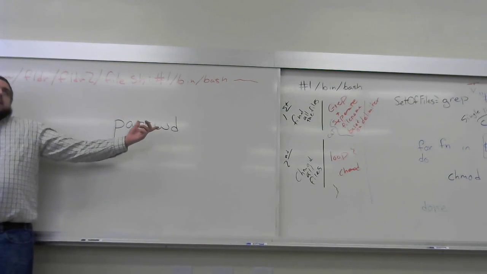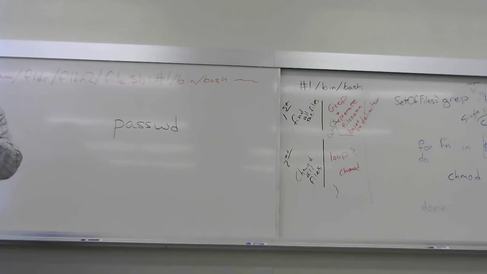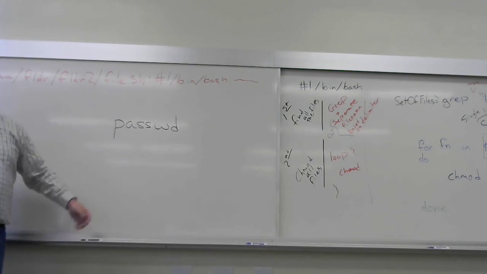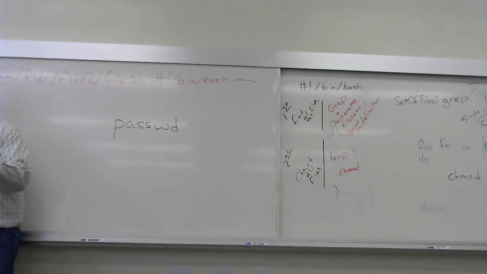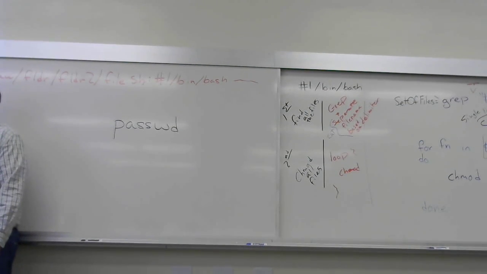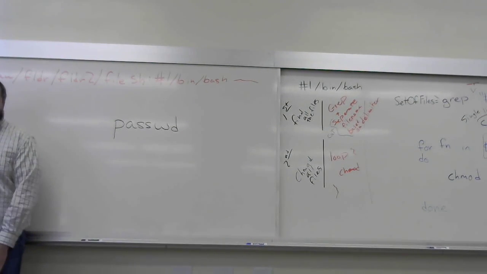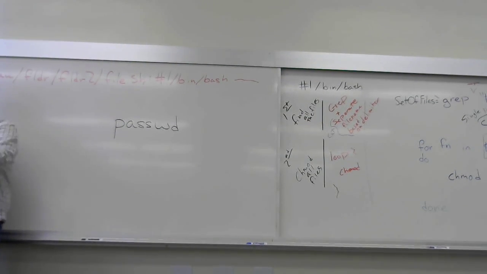For the autograder to work and for me to be able to grade your assignments, I have my public SSH key already in your authorized keys file. Do not delete your authorized keys file. If you have removed it, I will go back and add it again because I have another way into your accounts anyways. But just leave it in there, and I don't care what your password is.